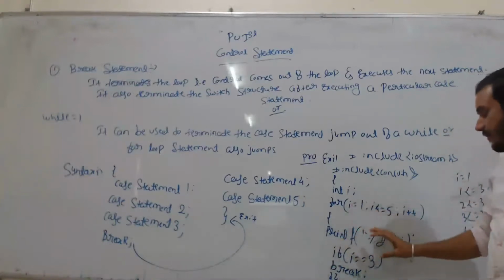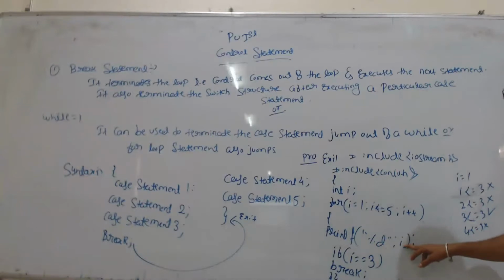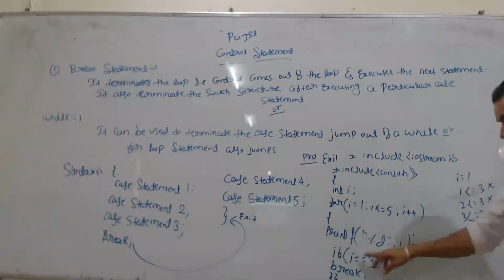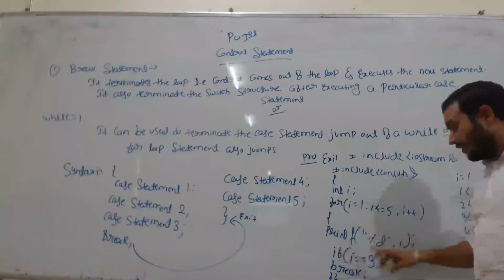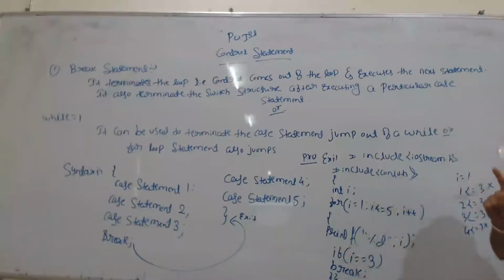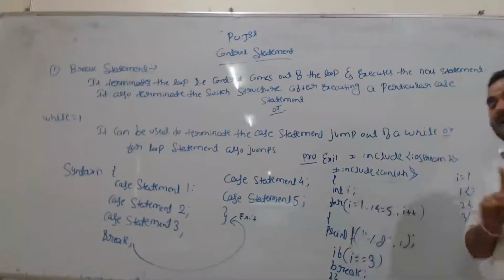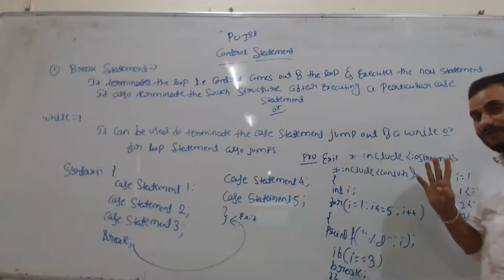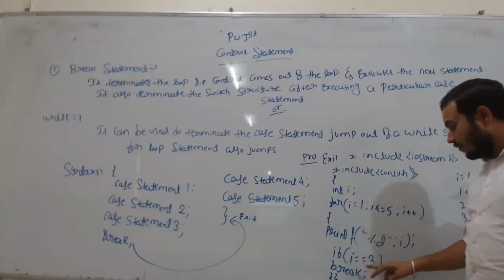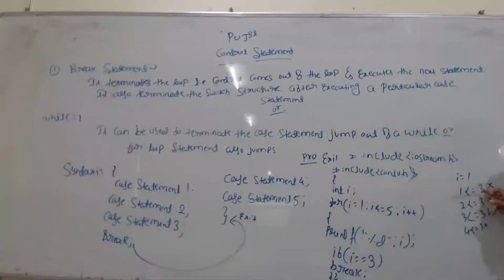Printf, I want to print the I value. Only the statement where I is equal to 3 has to be printed. If I is 1, 1 less than or equal to 3, it is false; I don't want this one.